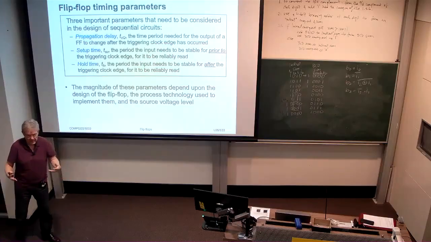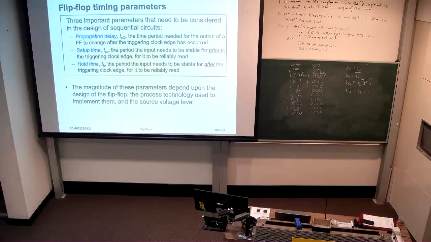So there's 3 timing parameters that are important as far as flip-flops are concerned. So-called clock-to-Q propagation delay, TCQ, which is the time period that signals need to emerge on the output side of the flip-flop after a clock goes high or after the triggering clock edge. If it's a positive edge triggered flip-flop, it's after the clock goes high.